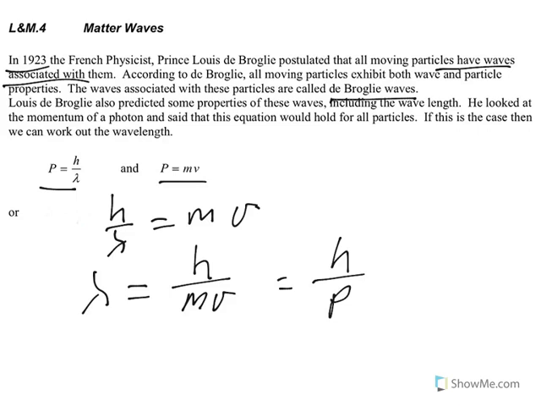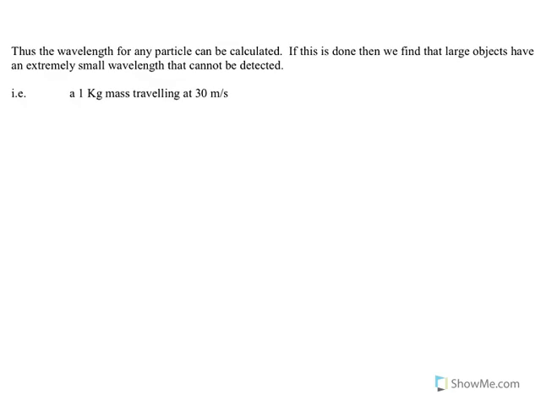Alright, so he said, we should be able to work out a wavelength. So theoretically, let's have a look and work out some. We can work out the wavelength of any particle. Here's an example: 1 kilogram mass travelling at 30 metres per second.